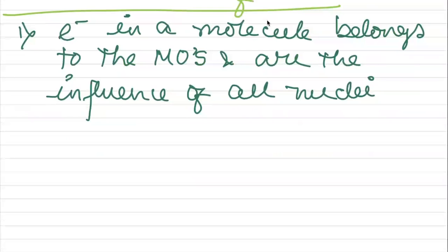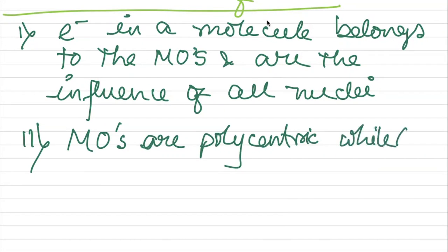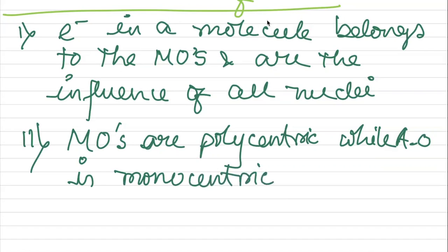Next, MOs, molecular orbitals, are polycentric, while AOs are monocentric.